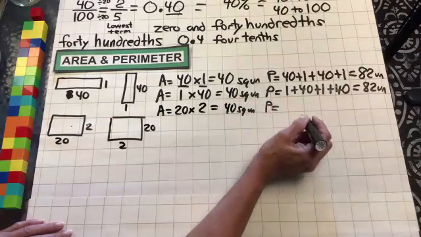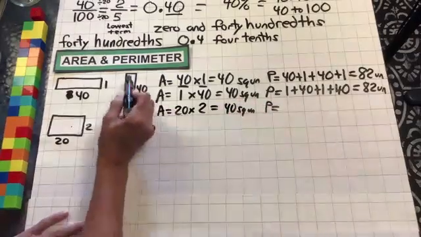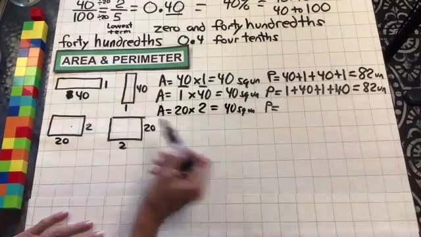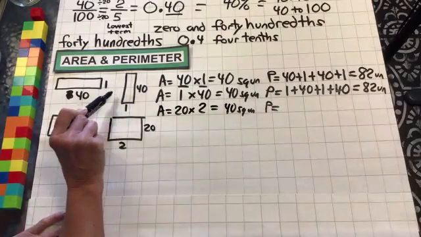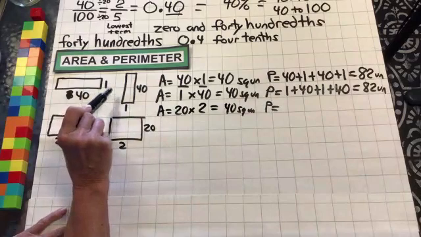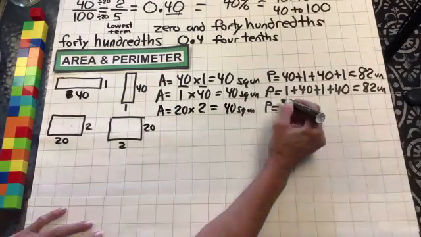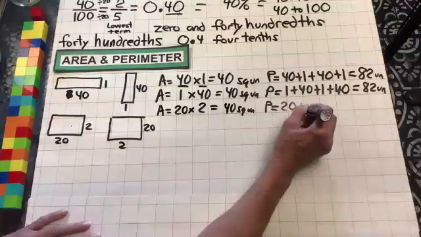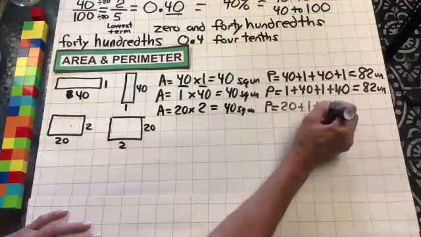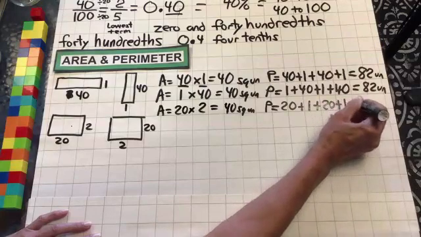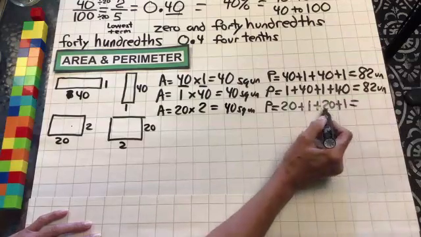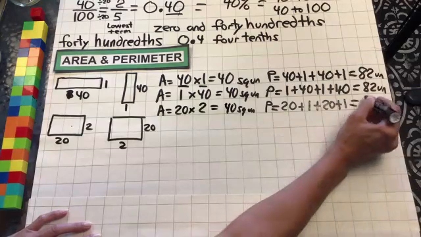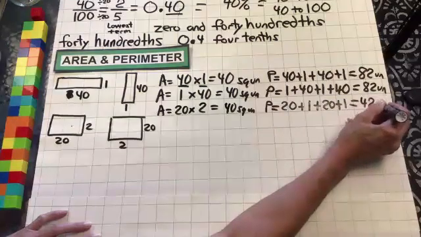Our perimeter now is going to change, because not all the sides of our cubes are being shown, here we start to hide them, so there's less perimeter. So this would be 20 plus 1 plus 20 plus 1 equals, well, 20 plus 20 is 40, 1 plus 1 is 2, so that would be 42 units.